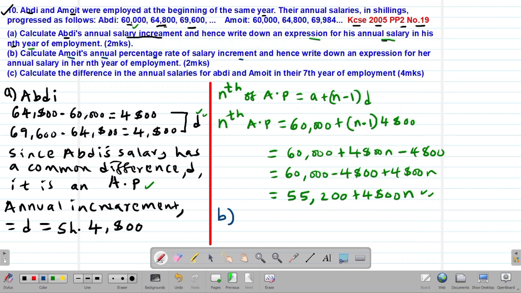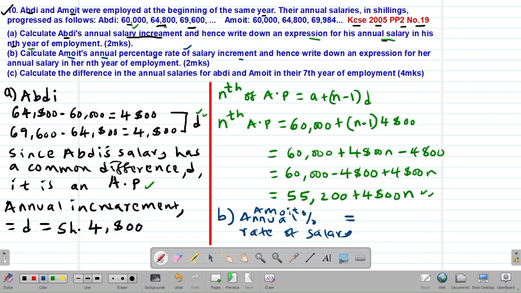So for us to get the annual percentage rate of salary, of course, we are specifically talking of Amoit.